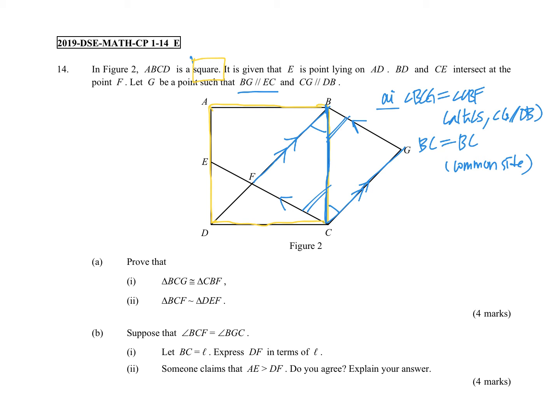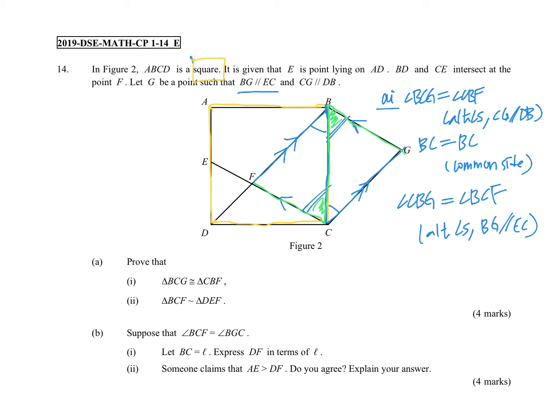At this time, I will try to use this pair of parallel lines. So that would be angle CBG equals angle BCF. These are alternate angles, BG parallel to EC. Good.